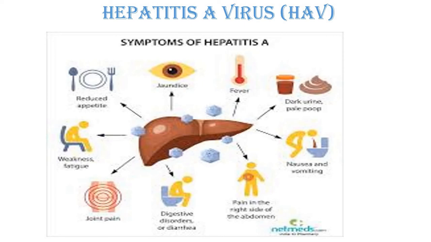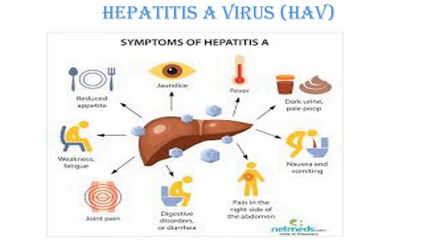Also the next symptom, that is darkness of the urine, and we must remember the color of the urine, which is orange yellow. Usually we can observe pale yellow urine, but during hepatitis infection the color changes to orange yellow, and the stool becomes paler.